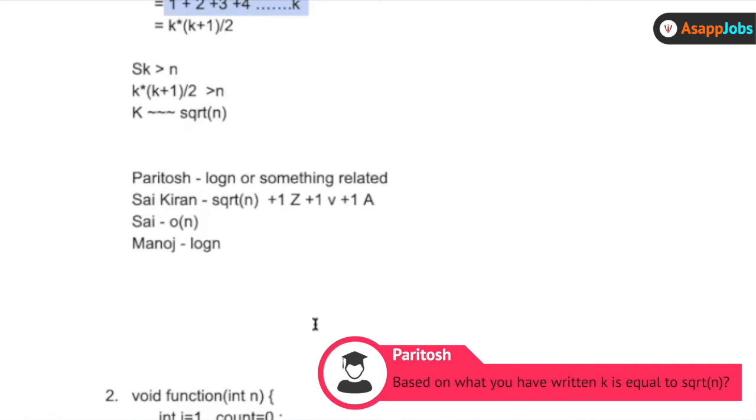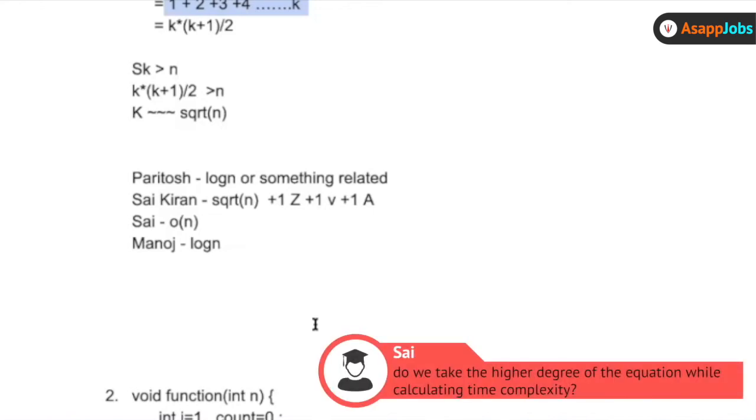Normally, when we're trying to find the time complexity, it's asymptotic analysis. What is the meaning of asymptotic analysis? We do an approximate calculation. We are never going to find the exact value of the square root. So we say that the left hand side is varying in the degree of 2, and the right hand side is varying in the degree of 1. If I have to find how the right varies with respect to the left, we need to take the square root of that. But we take the highest degree term.